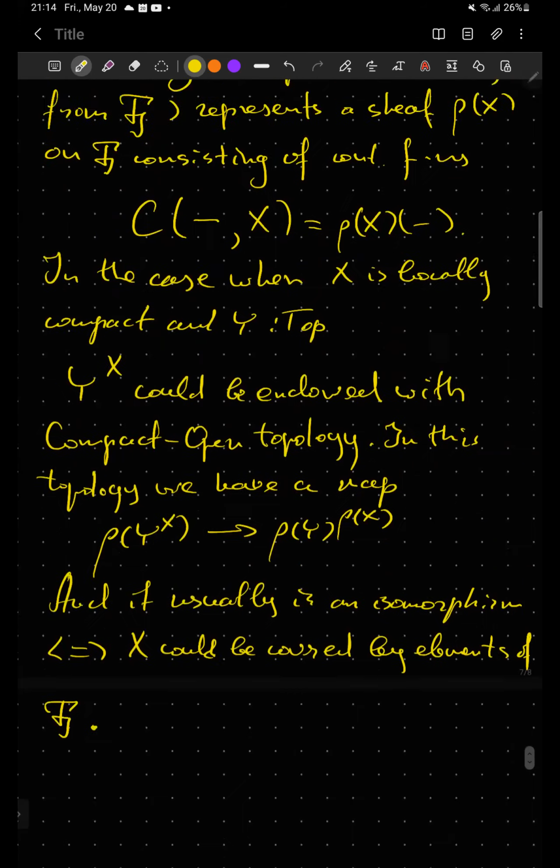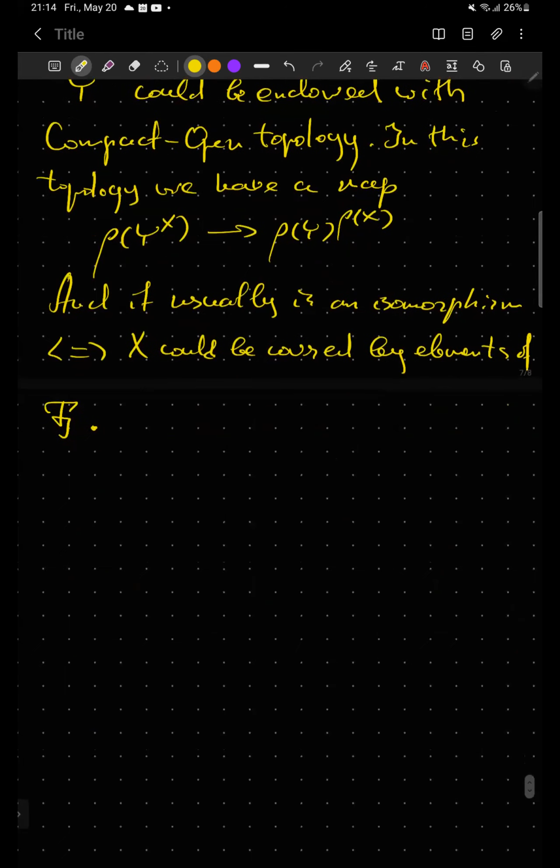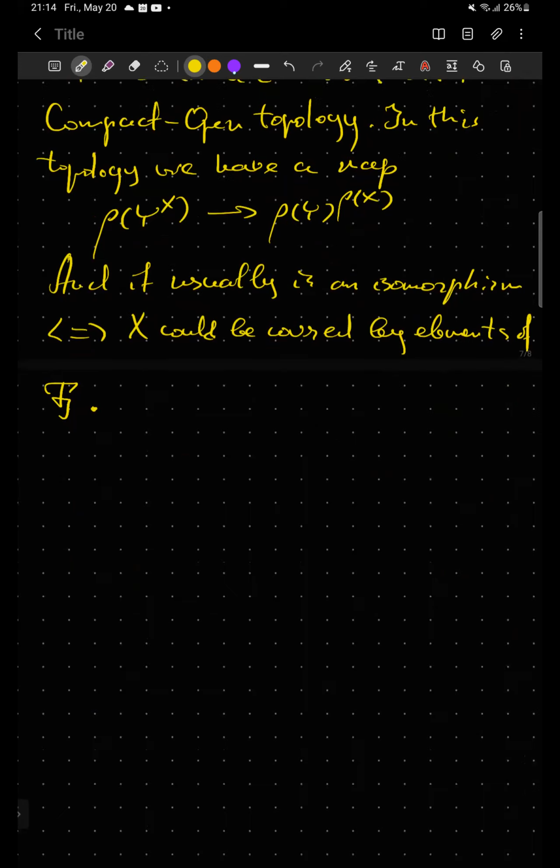Okay. So let me finish my short talk with a small discussion of the Yoneda lemma in the category of sheaves.